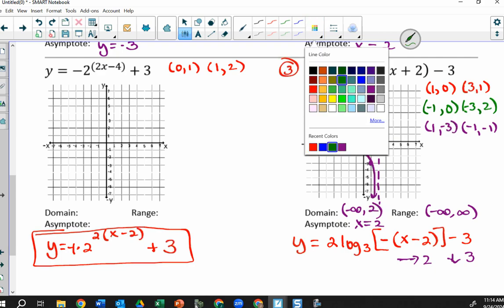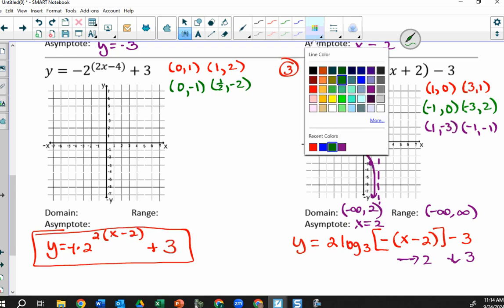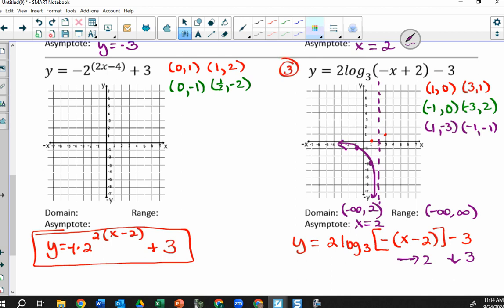It's a tough one. All right, the negative out in front, that is changing your y values. The 2 up in your exponent, that's impacting your x values. You're multiplying by 1/2. 0 times 1/2 is still 0. That is a lovely 1/2. Because there's a negative out in front, the y values change. Yes?